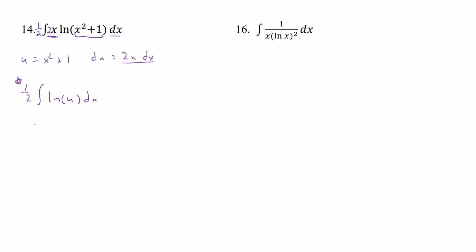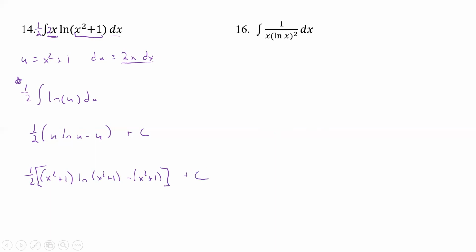So now the antiderivative of ln of u, well, that's the complex one. That's u ln of u minus u, and then plus c. Now u has to be replaced, so that's going to be 1/2 of, in brackets, x squared plus 1 times ln of (x squared plus 1) minus (x squared plus 1), and then plus c.